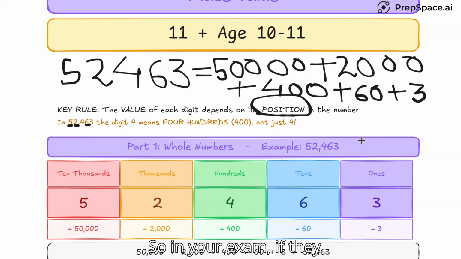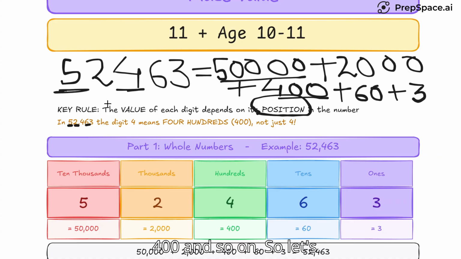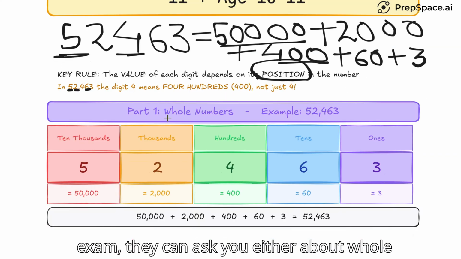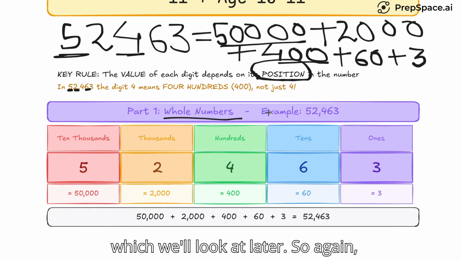So in your exam, if they ask you what's the place value of 5, then we say 50,000. If they ask you what's the place value of 4, it's 400, and so on. So let's look at a couple of examples. In the exam, they can ask you either about whole numbers or decimal numbers, which we'll look at later.